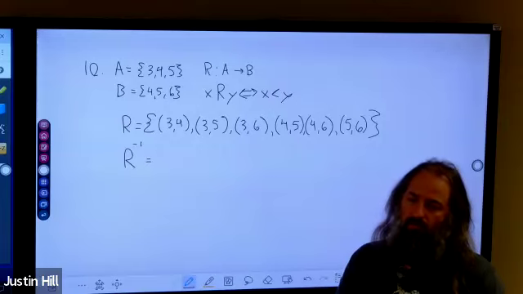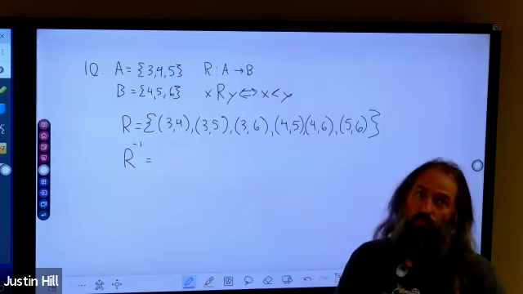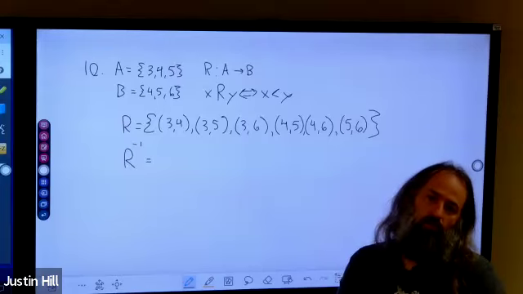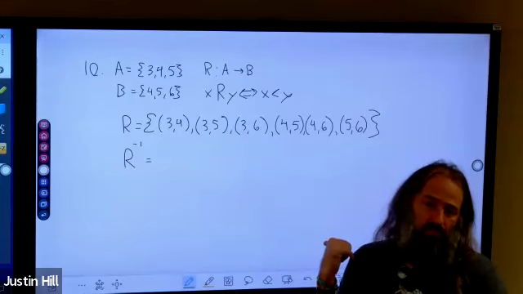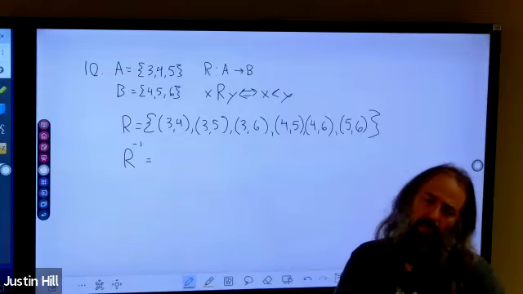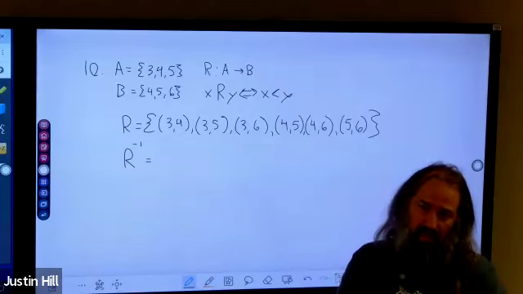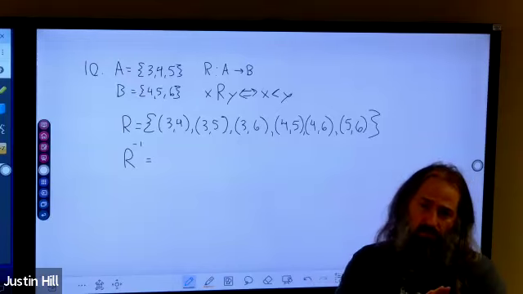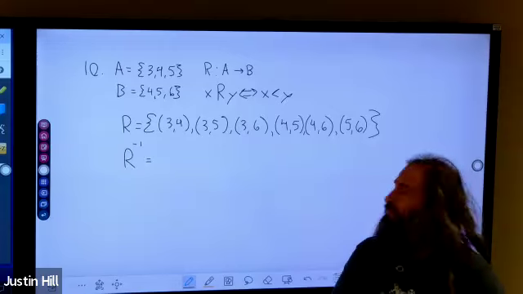With functions, you always have an inverse, but you only have an inverse function when the function is 1-to-1. Here we don't care. My inputs could have as many outputs as I want, so I can always write an inverse. You always have an inverse relation.